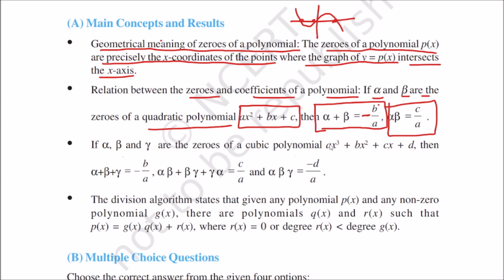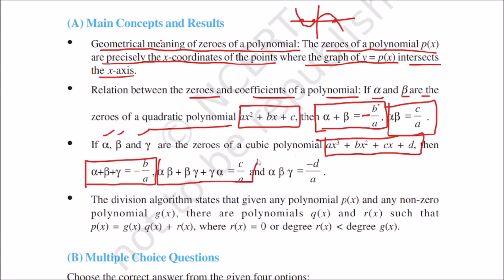Similarly, if it is a cubic polynomial ax cube plus bx square plus cx plus d, there will be three zeros alpha, beta, gamma. Their sum alpha plus beta plus gamma will be negative b upon a. And if we take the product of two at a time, alpha beta, beta gamma, gamma alpha, it will be c upon a, that means coefficient of x upon coefficient of x cube.